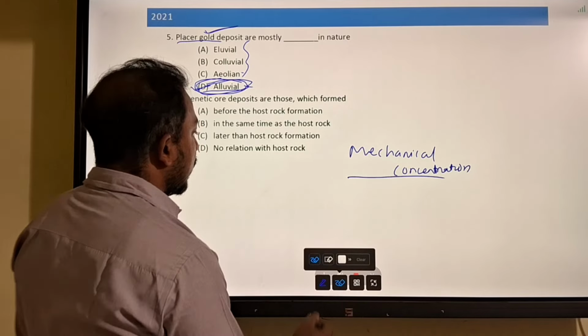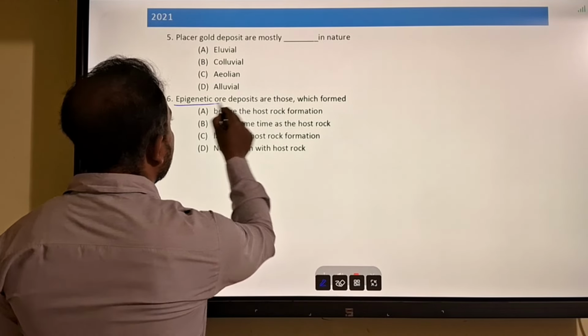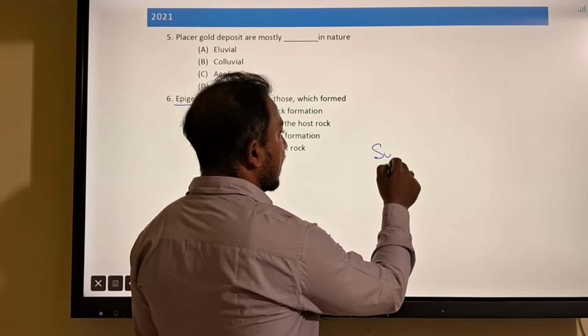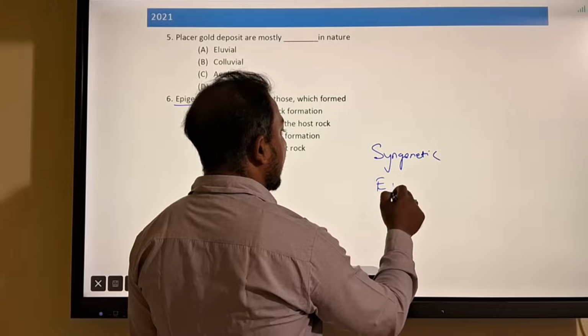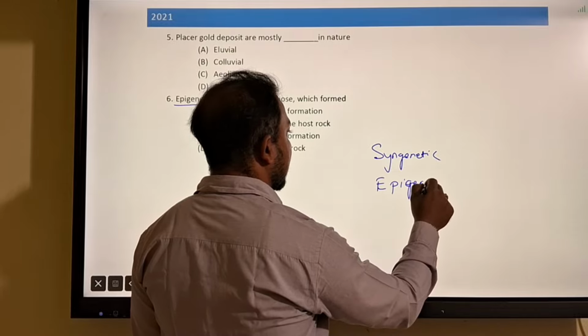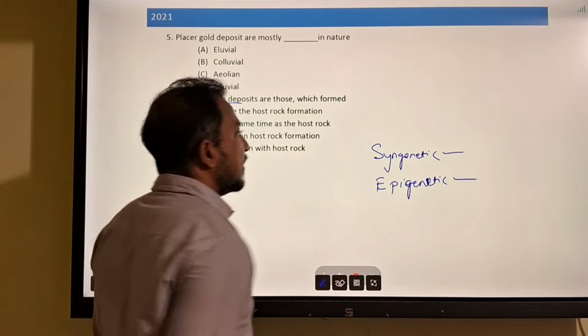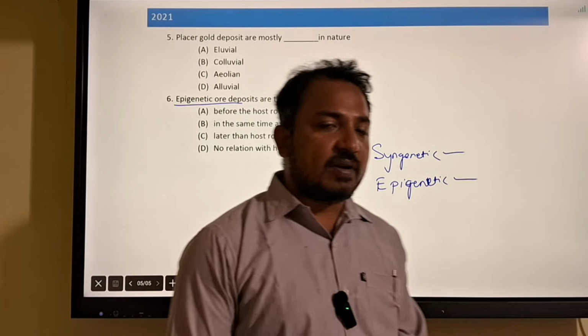Then comes the question: epigenetic ore deposits are those which formed... There are two types of ore deposition: one is syngenetic, another is epigenetic. Syngenetic ore deposition occurs during the formation of the rock.